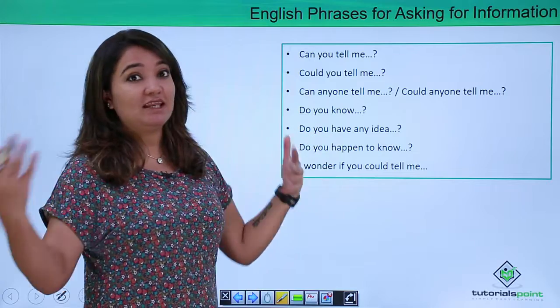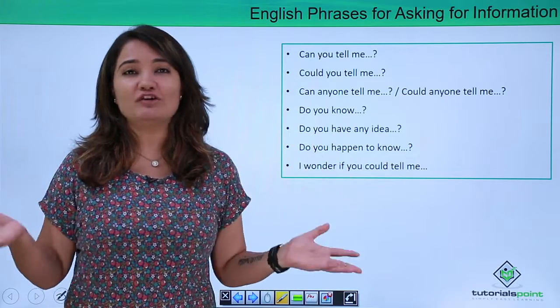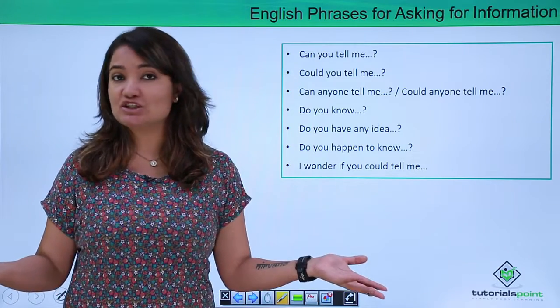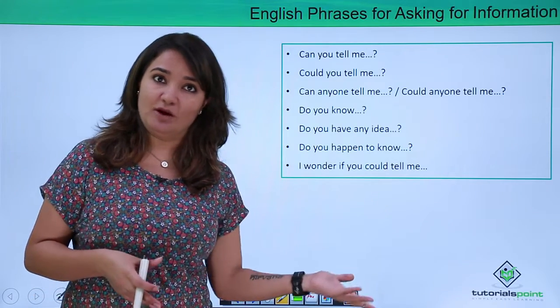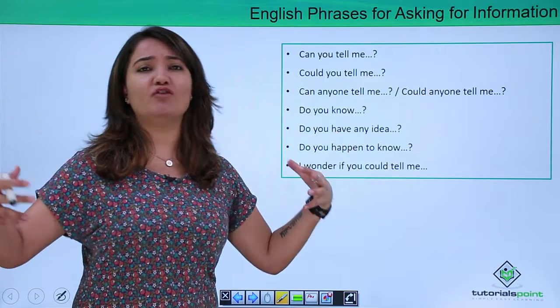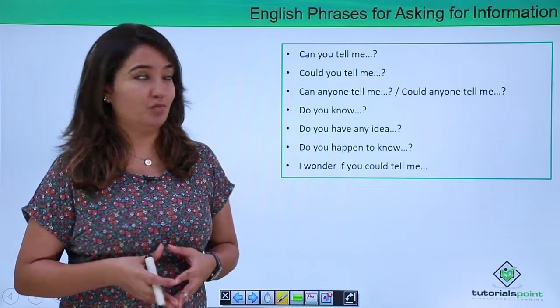Okay, do you have any idea is yet another cool way of asking for any piece of information. Of course, again, it's not very informal. You can use it in a formal environment as well, but it has more of an informal inclination, though it's not restricted to a formal environment.